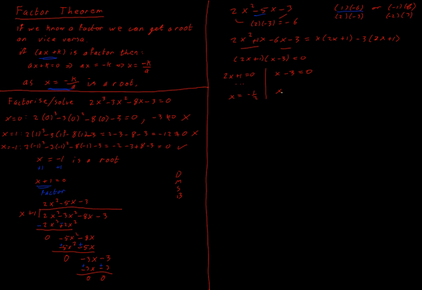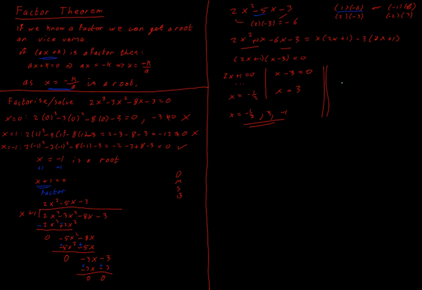Or rearranging this, we would get x is equal to 3. So if we are asked for the solutions, if we are asked to solve, we'd get x is equal to minus a half, 3, and the one that we found by trial and error would be minus 1. Those would be the solutions.